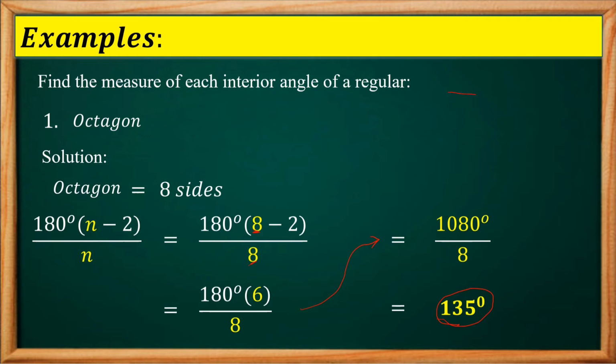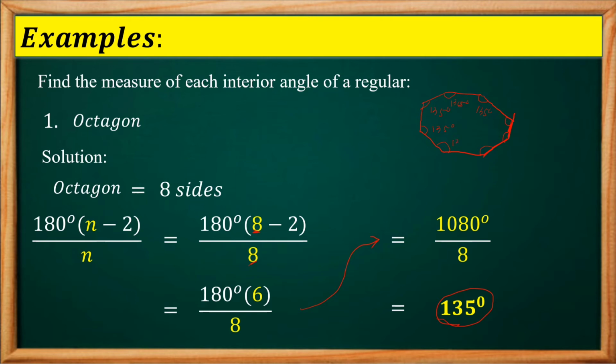Okay, if we will draw an octagon, I hope I draw this correctly, here we have an octagon. Each angle is 135 degrees. 135 degrees, 135 degrees, 135, 135, 135 degrees.